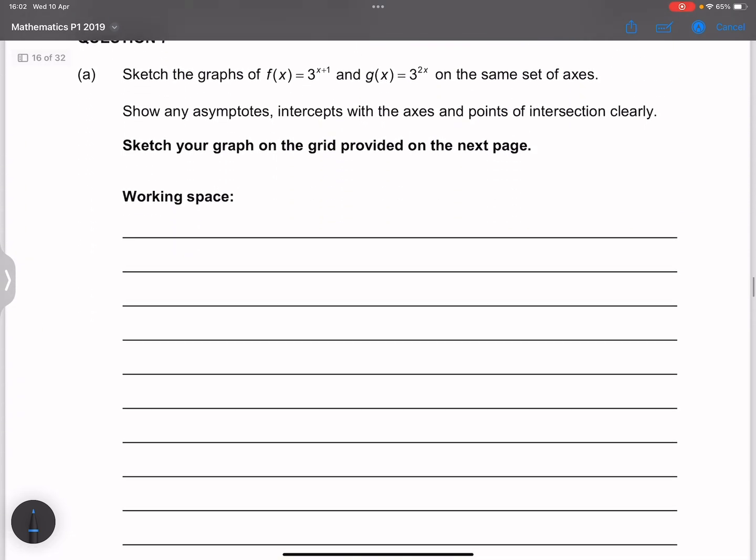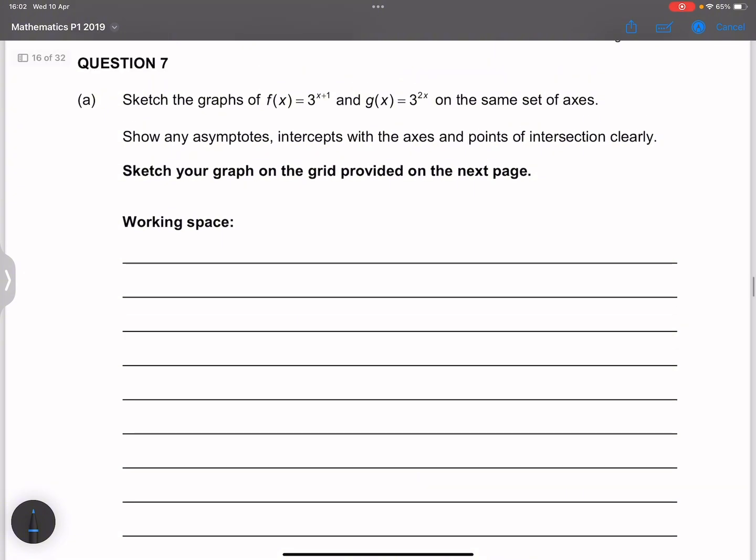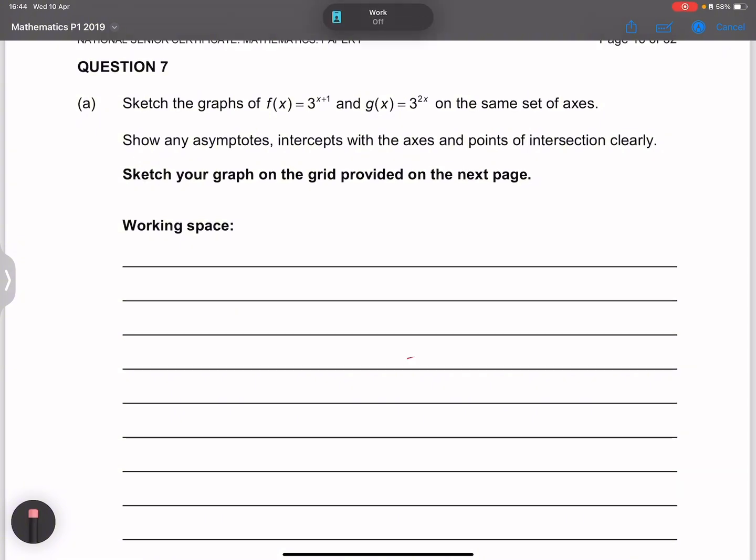So they say to us on the next question, question 7, sketch the graphs of f of x is 3 to the exponent x plus 1, and g of x is 3 to the 2x. They say sketch the graphs of f of x.